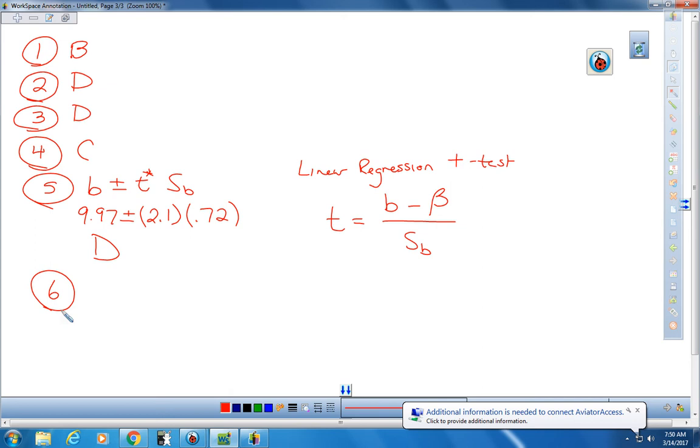So here there's definitely convincing evidence. Our p-value is 0, right? So there's definitely convincing evidence that the model is useful in predicting, or that there is a linear relationship between number of components needing repair and service call time. So number 6 is C.